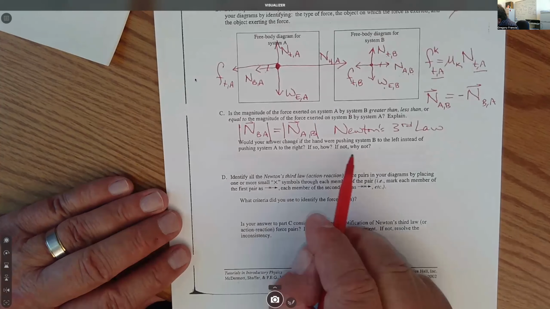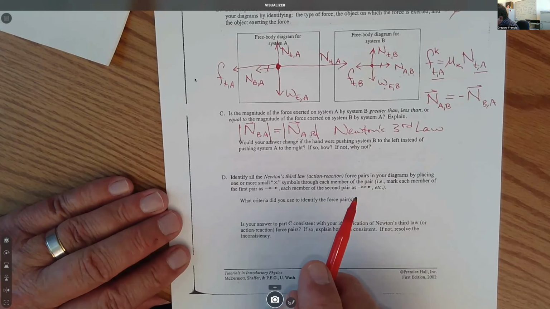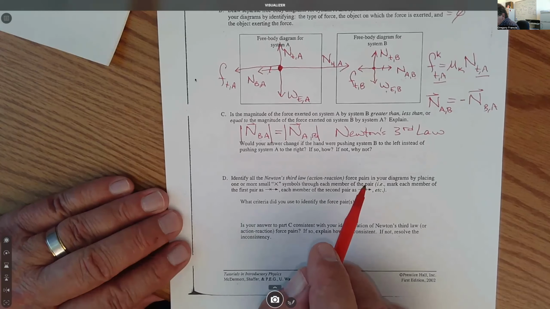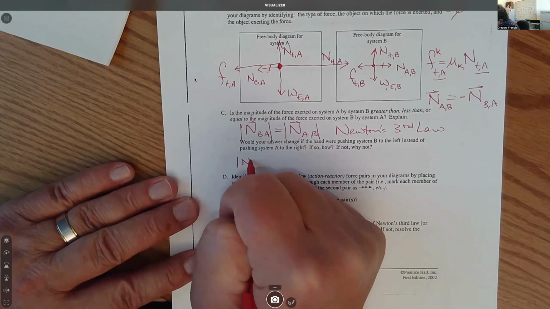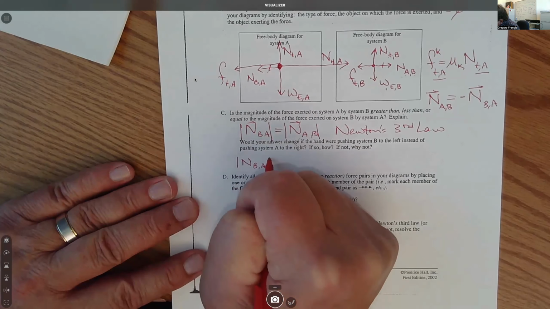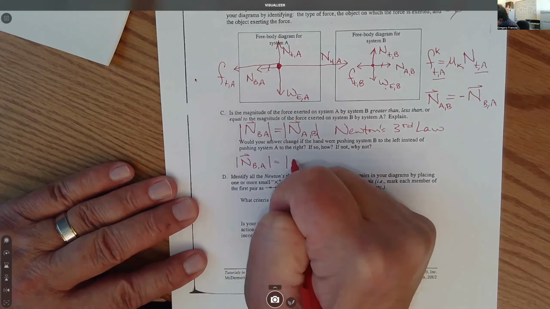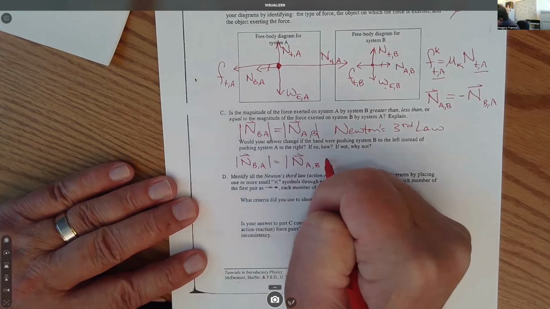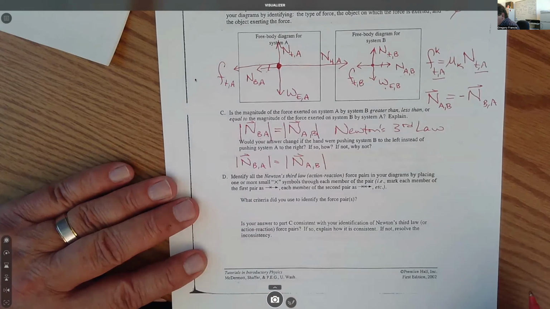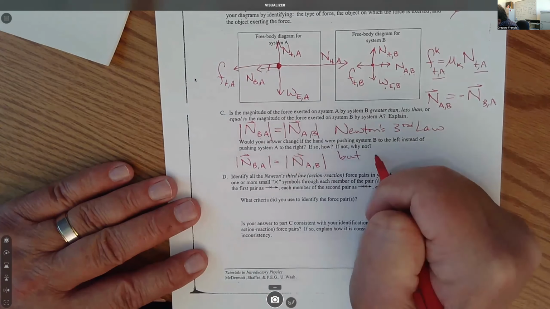Would your answer change if the hand were pushing system B to the left instead of pushing A to the right? And the answer is the normal by B on A is always going to be equal to the normal by A on B by third law. It doesn't matter which way we're pushing that, but the magnitude would change.